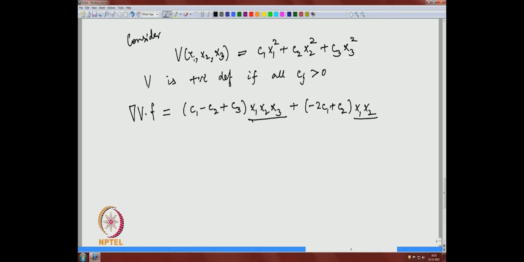I will not be able to make this grad V dot f either a positive thing or a negative thing, if I want non-zero coefficients here. Okay. So, the easiest thing is to make this identically 0.